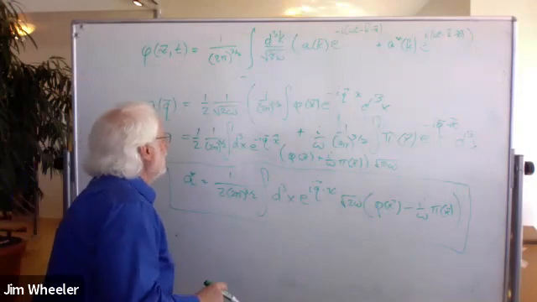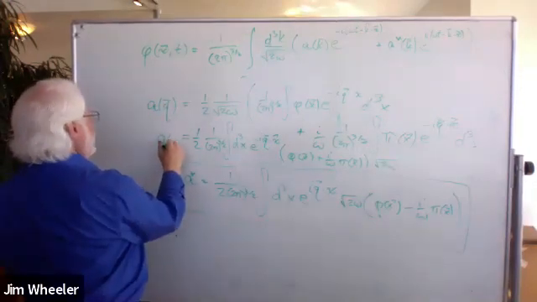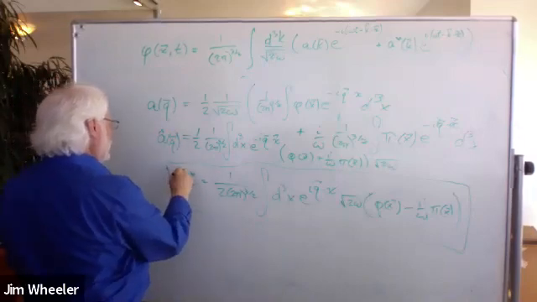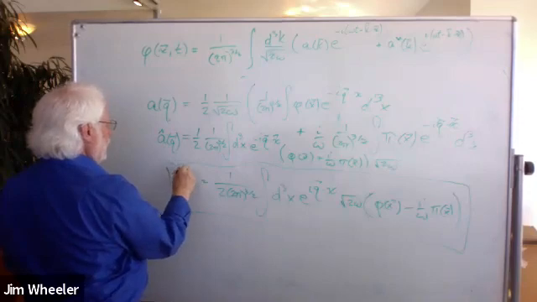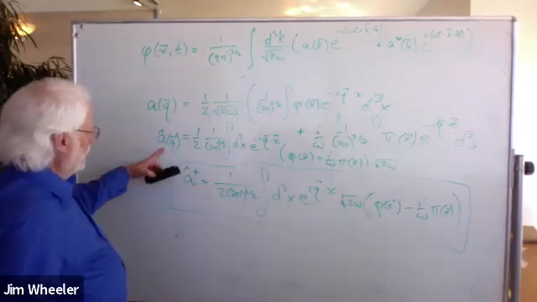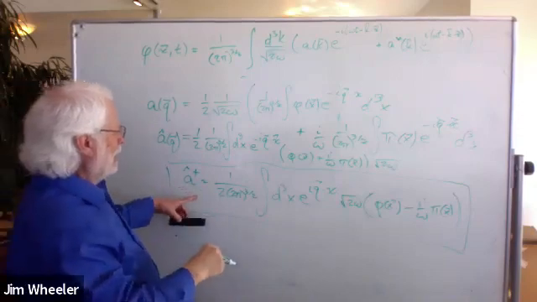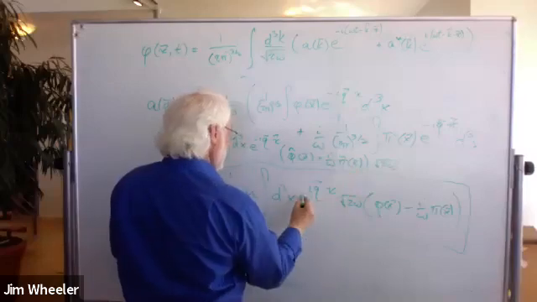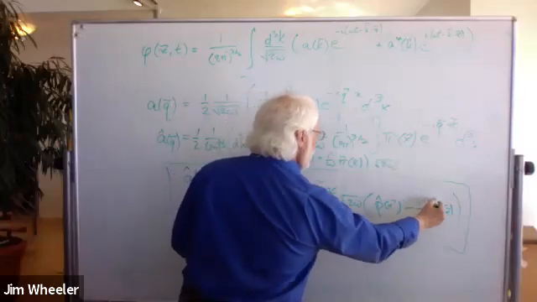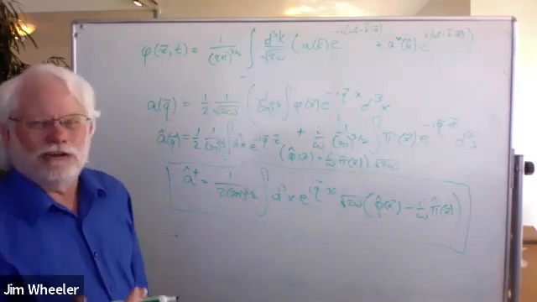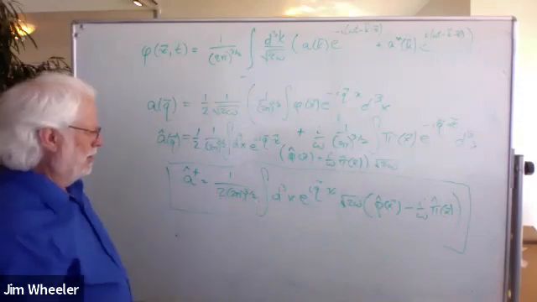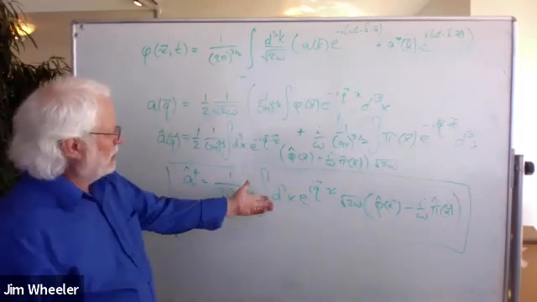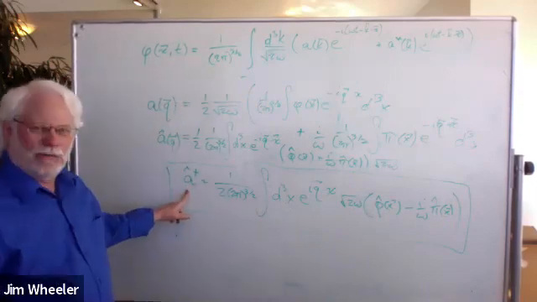So if I write A of Q here, we know that those guys become operators and the complex conjugate becomes the adjoint. This all happens because phi and pi are actually our known operators here. We know how they commute. When those become operators, this is an ordinary Fourier transform of operators. It's going to give an operator.